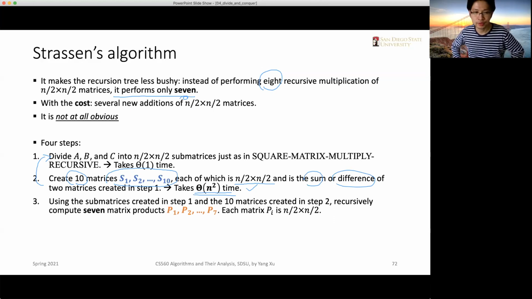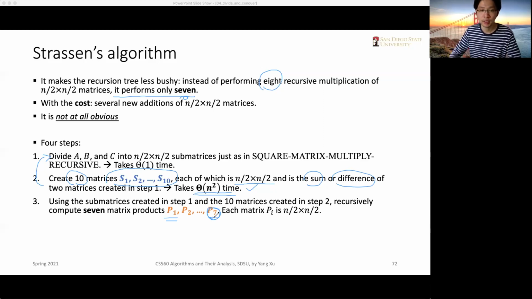It will use the capital S matrices computed in step 2 to recursively compute 7 matrix products, P1 to P7. So this is actually where the improvement happens, because we don't compute 8 subproblems.